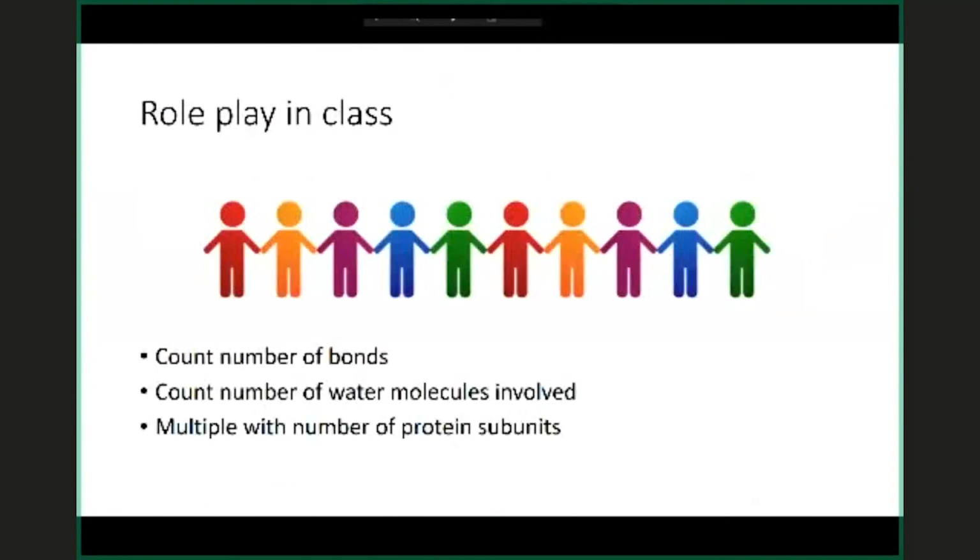I would say, well, I need a few volunteers. And then I would have those volunteers stand up in the front of the classroom. I typically use about 10 to 12 students, and they would stand in the front of the classroom holding their hands like this animation that you're seeing on my screen. So they would hold hands, and then I would tell them, well, this is a polymer.